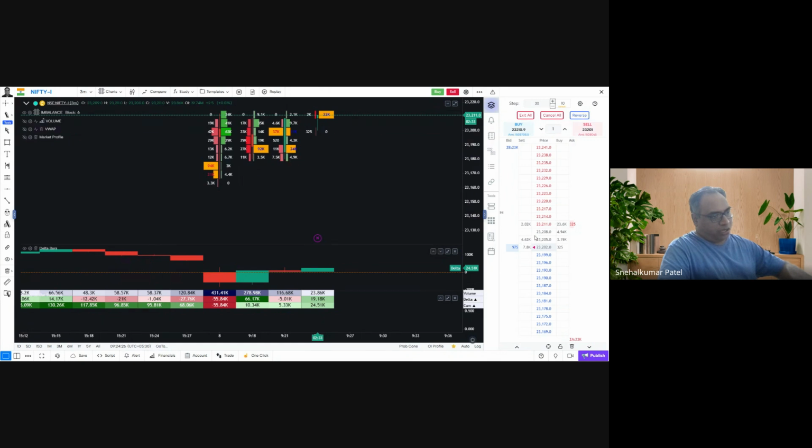When you look at the depth of market, there will be a spread between bid and ask. So bid will be, let's say, 23,11, and in that case, the ask can be 23,12. So it depends on the spread.